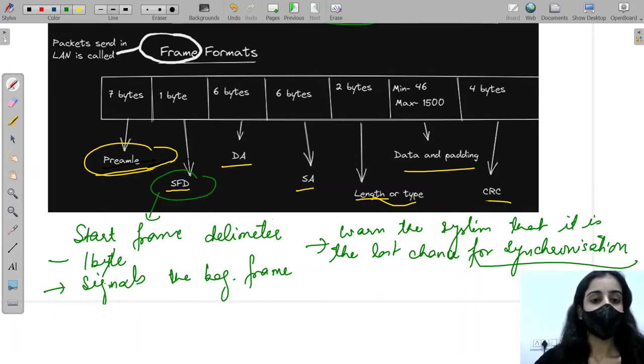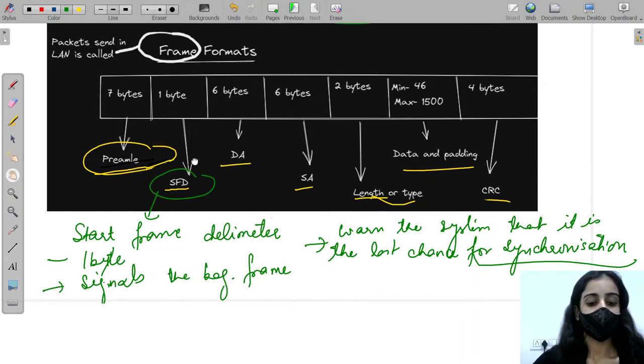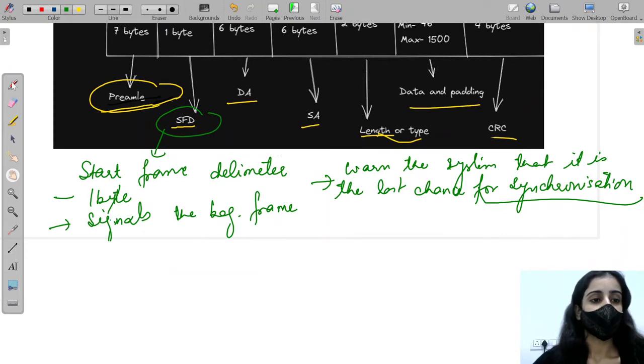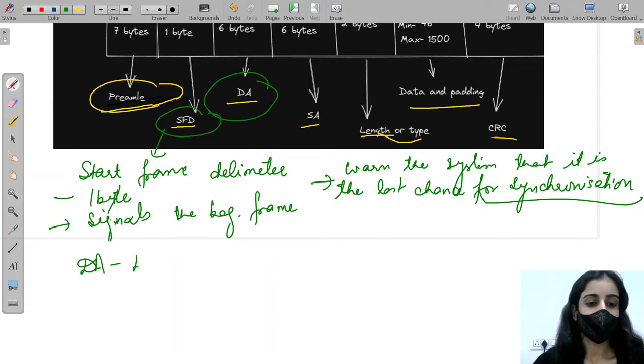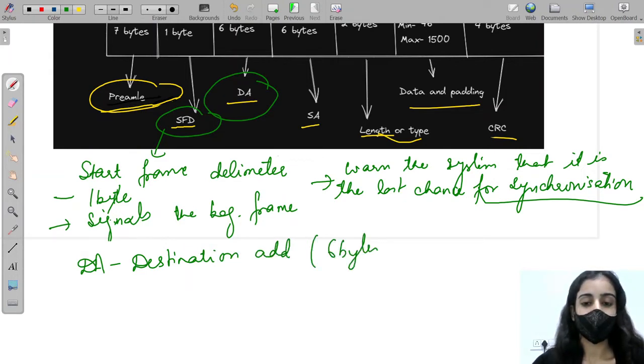Now after SFD, the next field is DA. DA stands for destination address, and it is of 6 bytes.